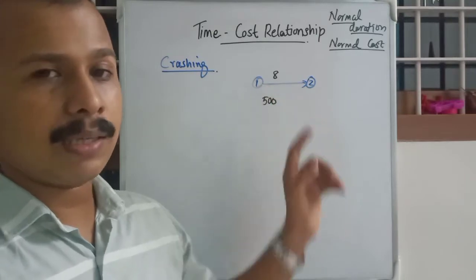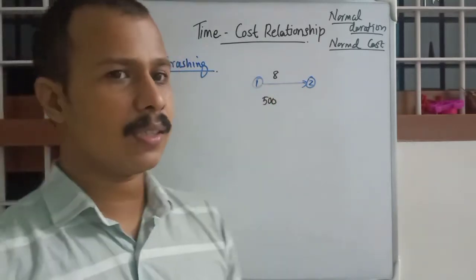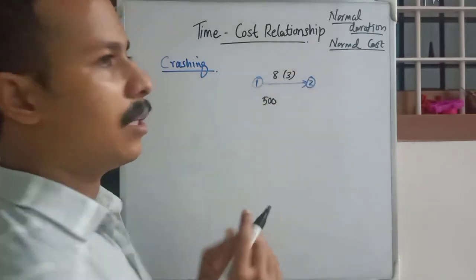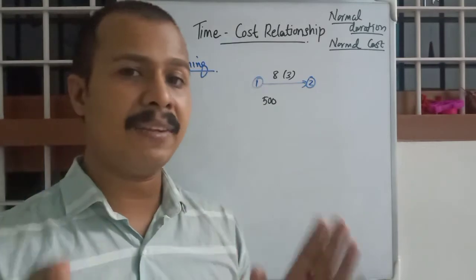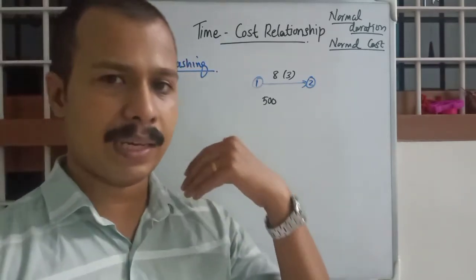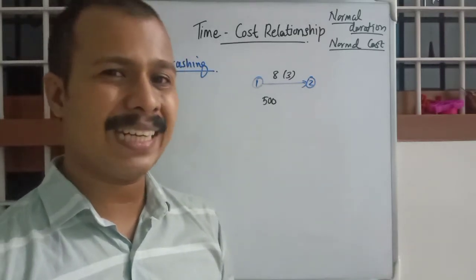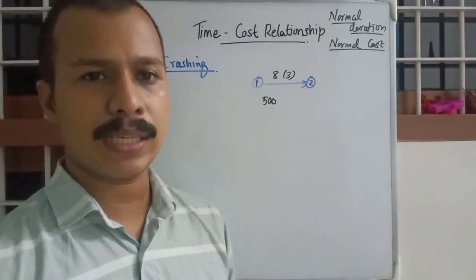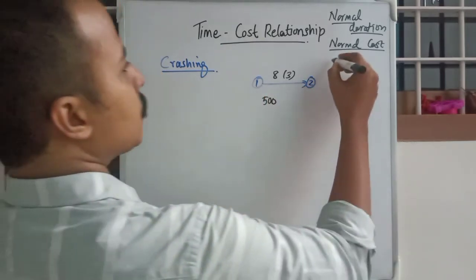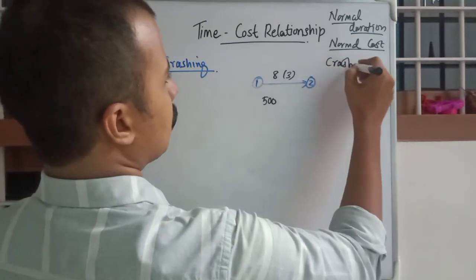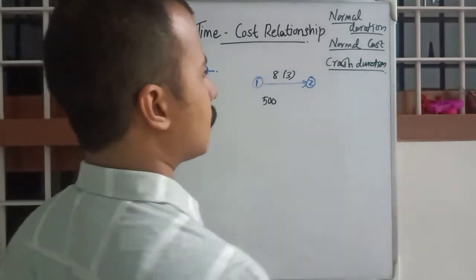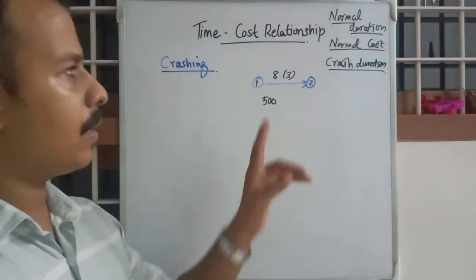But we need at least 3 days to complete it with infinite resources, if we are supplying more laborers, infinite raw materials and tools, etc. We need at least 3 days. That is the crash duration. I hope you got the idea.